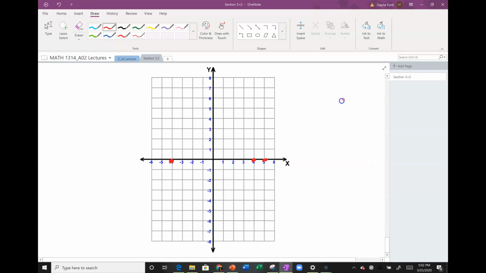My end behaviors were opposite directions with it going up on the right-hand side. All of my multiplicities were 1 or odd, so that meant we crossed. So I'm going to start over here on the left-hand side, come to my first x-intercept, and I'm going to cross. I'm going to come down. I'm going to hit my next x-intercept. I'm going to cross.